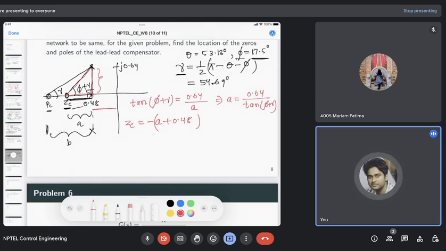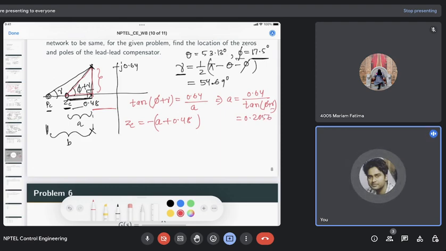So let's compute this term. First we find 0.64 divided by tan of the angle, where phi is 17.5 and gamma is 54.69. So A is actually 0.2056.